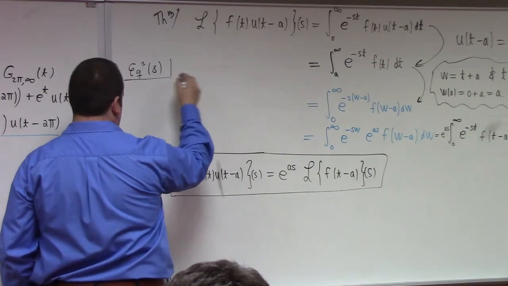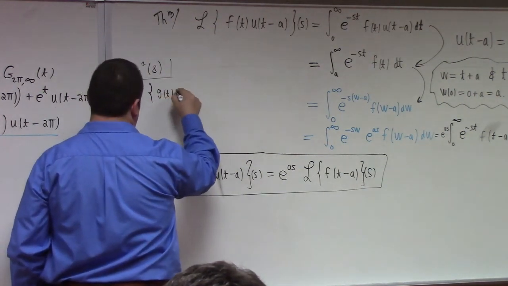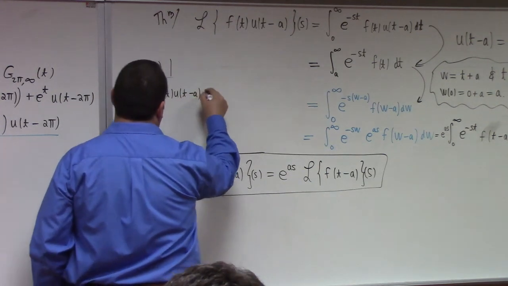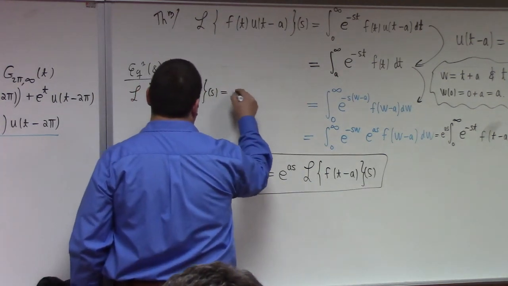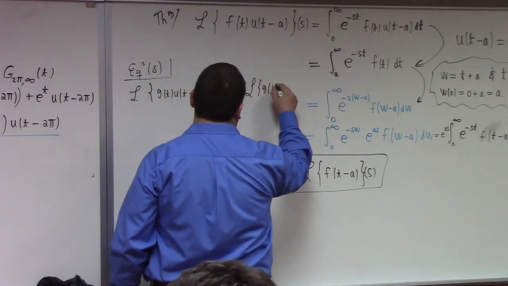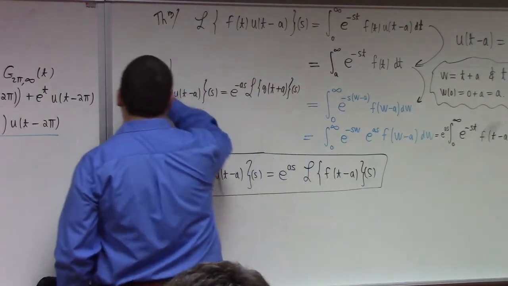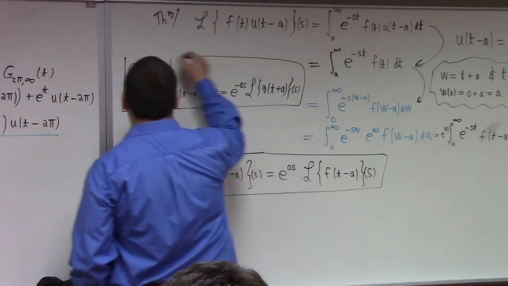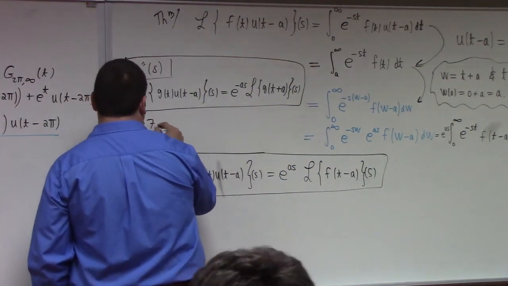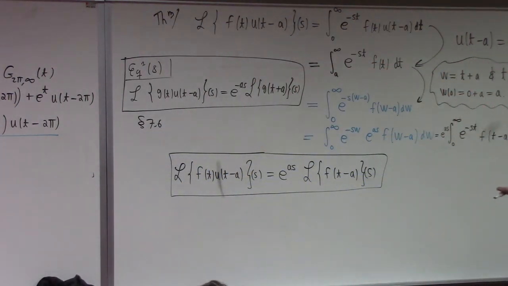It says that the Laplace transform of g of t times u of t minus a, of s, is equal to e to the minus as times the Laplace transform of g of t plus a. So this is equation 8 in section 7.6, which is what I'm trying to derive right now. Using f instead of g is not a big deal.